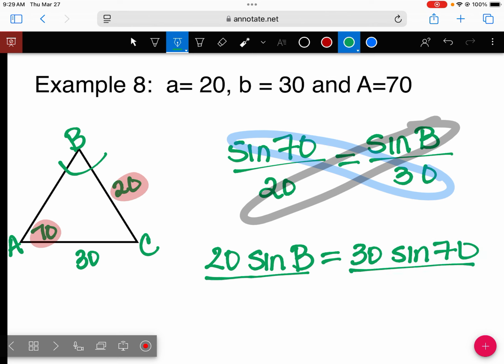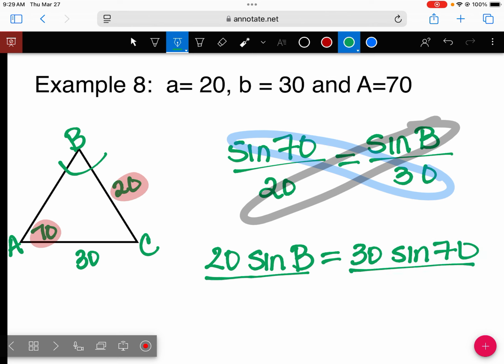Divide both sides by 20. And that gives us the sine of angle B equals 30 sine 70 divided by 20.